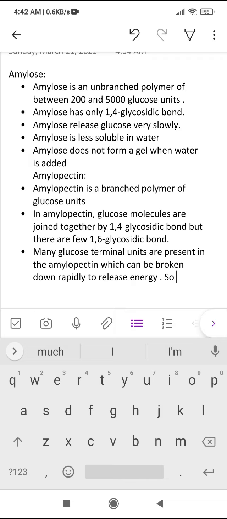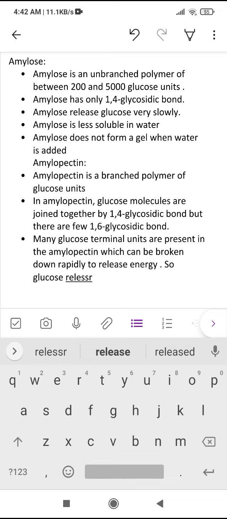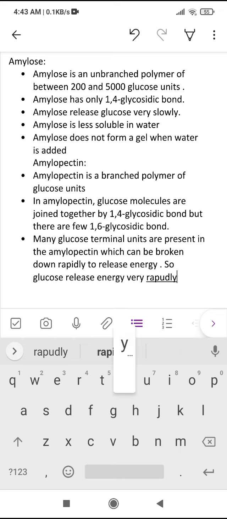So glucose releases energy very rapidly.